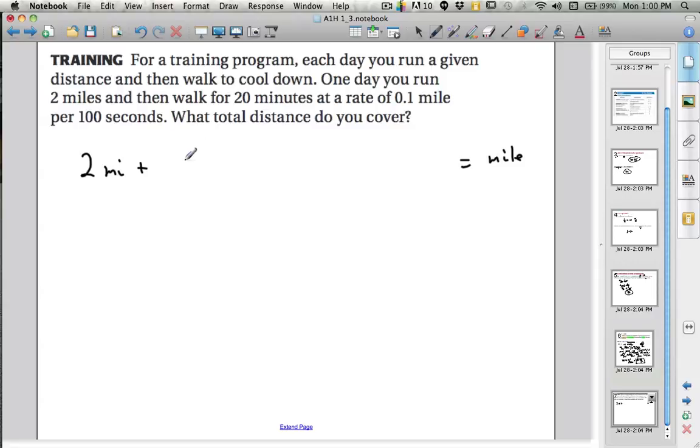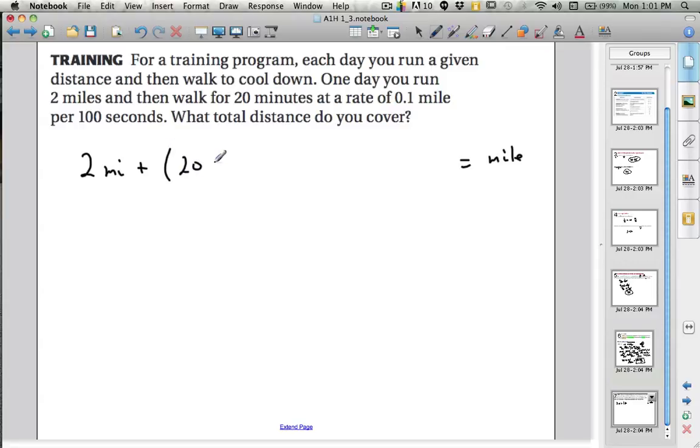So when I do 20 minutes, I'll have 20 minutes times 60 seconds in a minute, right? Let me start this over again so I can write better.